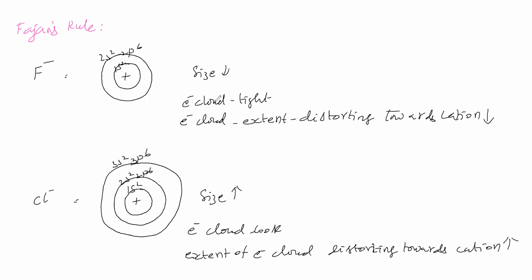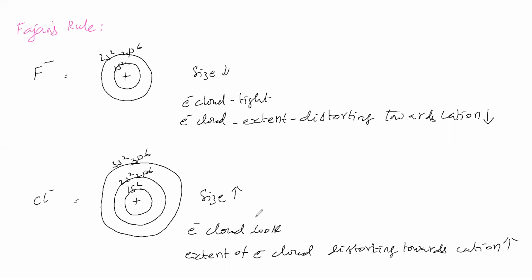That means the cation is pulling the anion electron cloud, so the anion electron cloud moves towards the cation. Here, since the electron cloud is tightly bound, distortion towards the cation is less. Since the size is high, the electron cloud is loosely bound, therefore it easily distorts towards the cation.